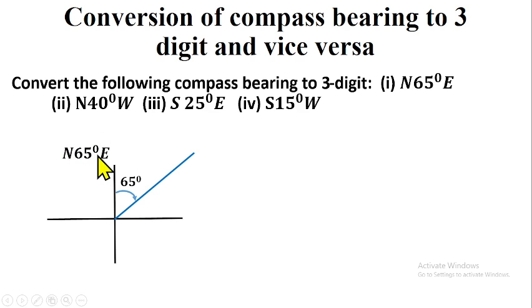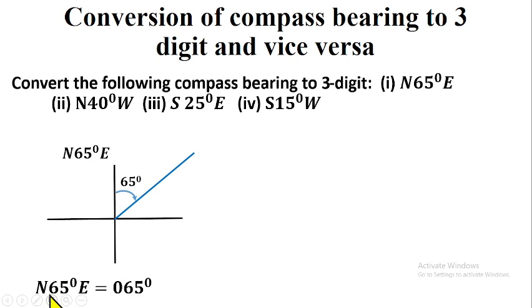And don't forget, we are taking it to 3-digit bearing. And you know that in 3-digit bearing, the origin is always where? North. So that means I'm looking for the angle from the north to this line as well, which is also 65 degrees.